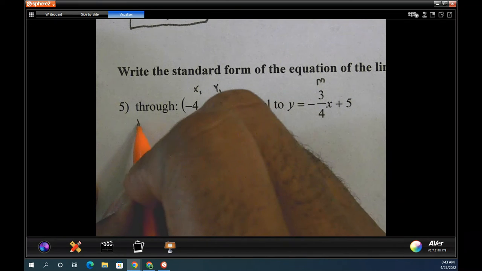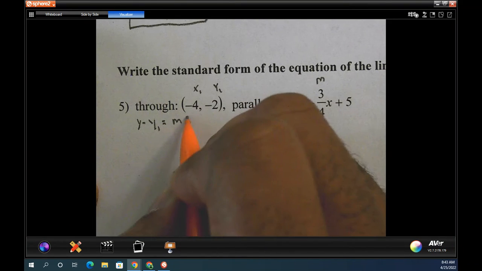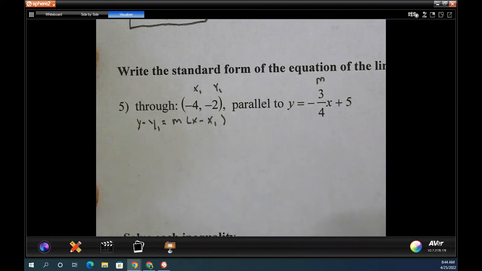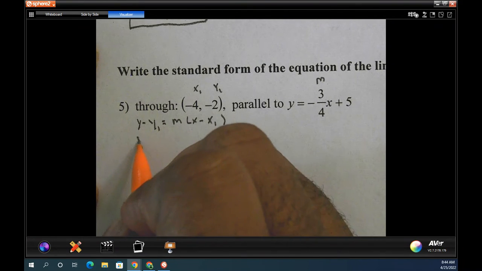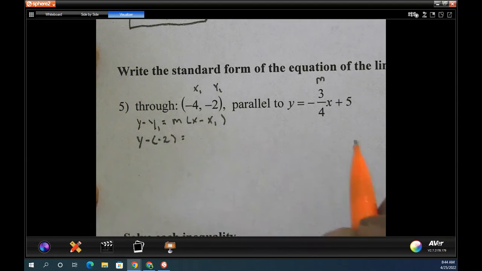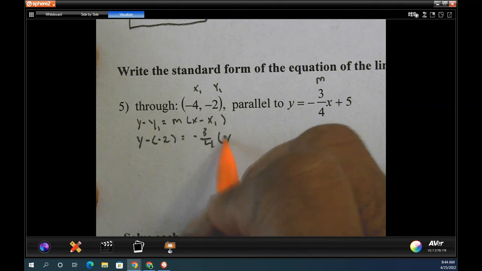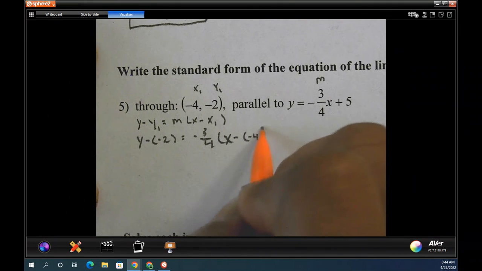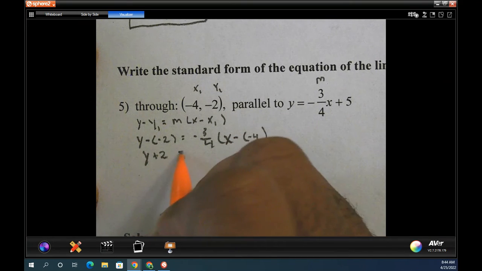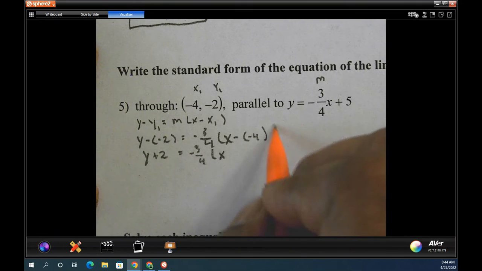Okay, we start with y minus y sub 1 is equal to m times x minus x sub 1. So that would be y minus -2 is equal to -3/4 times x minus -4. All right, we know to change those to a plus. So it's y plus 2 is equal to -3/4 times x plus 4.